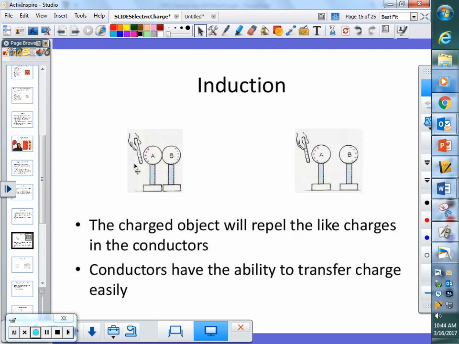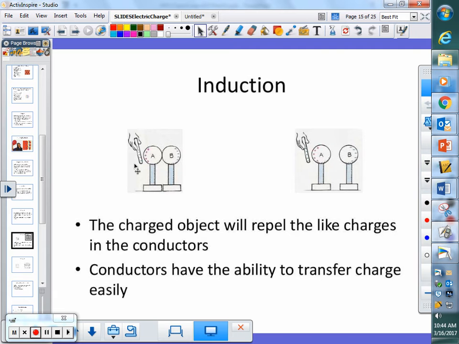Even though within the two metal spheres A and B we have the same number of charges, remember that in metals and conductors, those electrons can sort of move easily between one atom and the next atom. Does that sound familiar from our discussion yesterday, right?